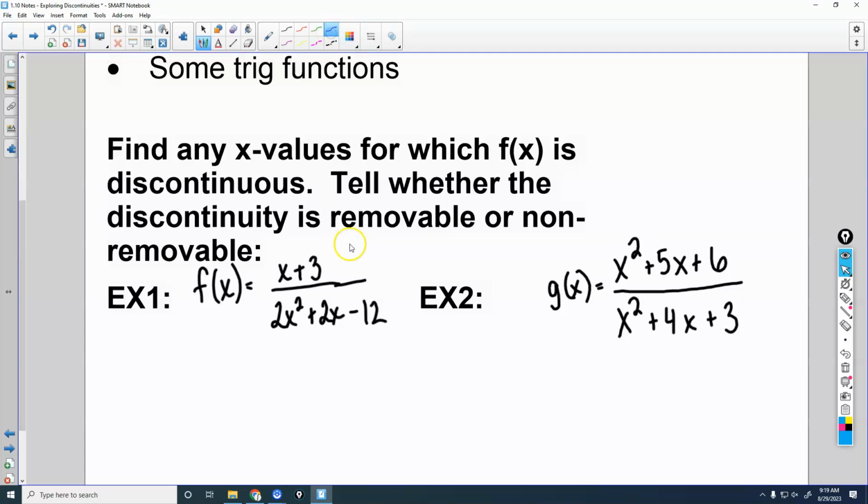So what you want to do for these problems is factor top and bottom. For this one, that numerator will not factor. The denominator, you don't have to factor out the 2, but it just makes it a little bit easier to factor if you do.